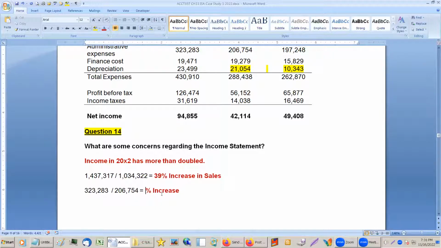How to use a calculator. So about a 56% increase.